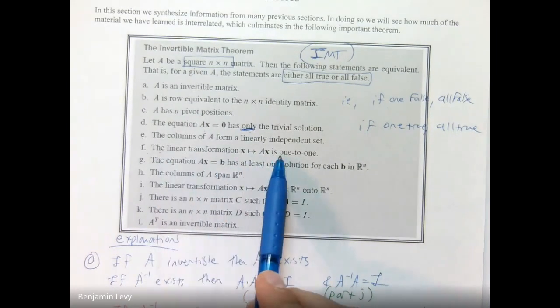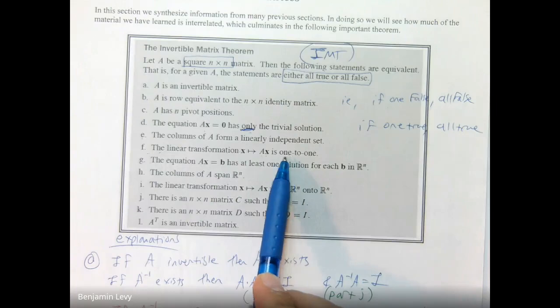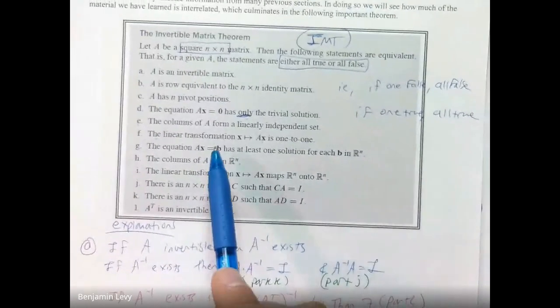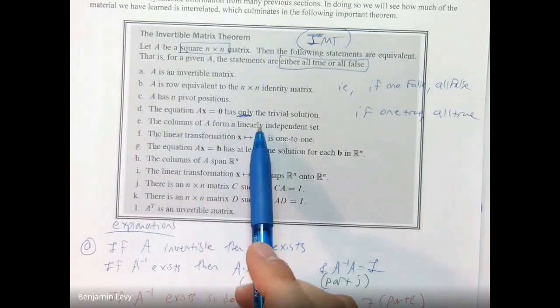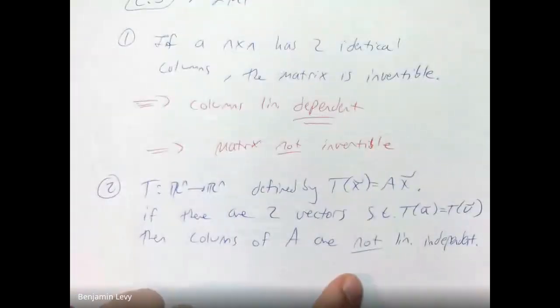The linear transformation being one-to-one would mean that every vector gets sent to a unique place. And so F is false. And so if F is false, then the columns would not be linearly independent, right? So if F is false, then E is also false. And so the way that this is phrased would be true.